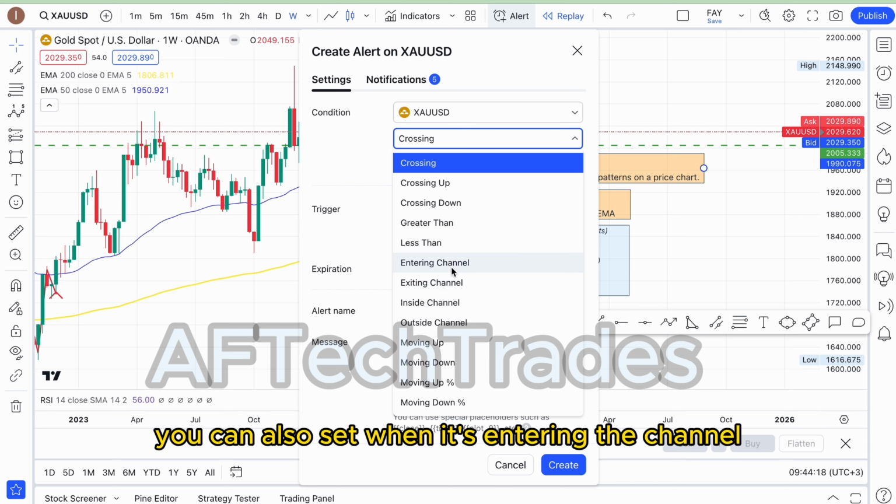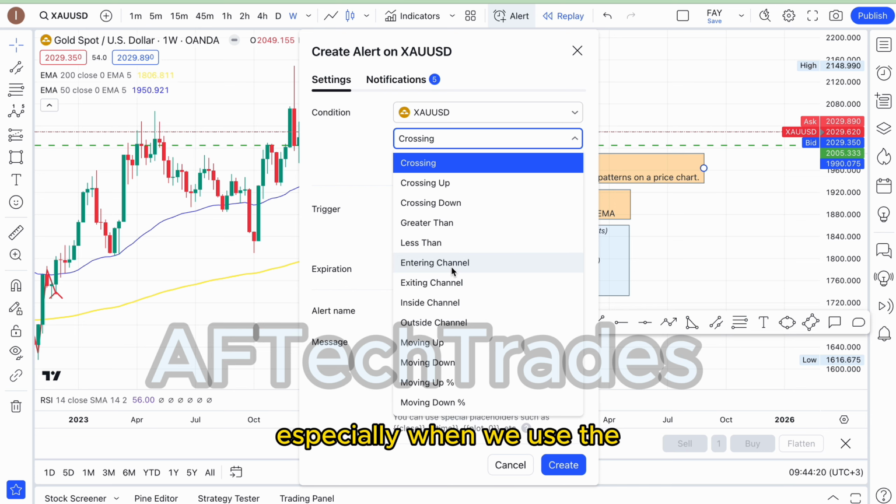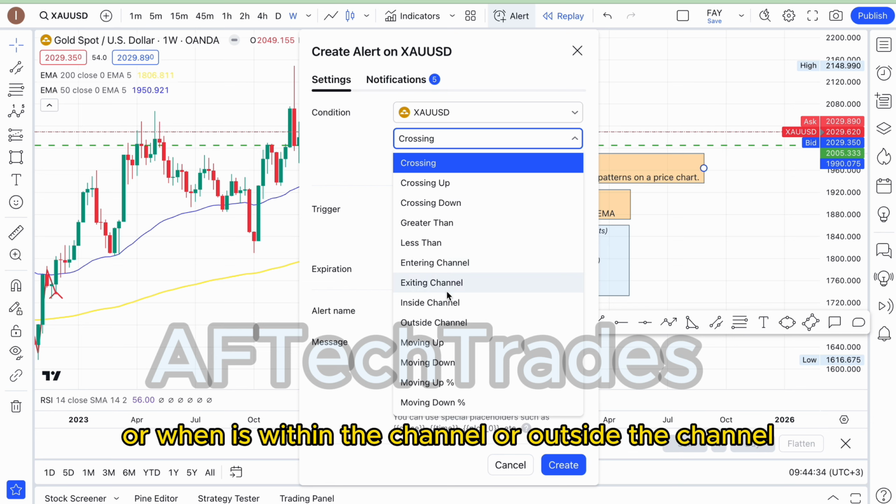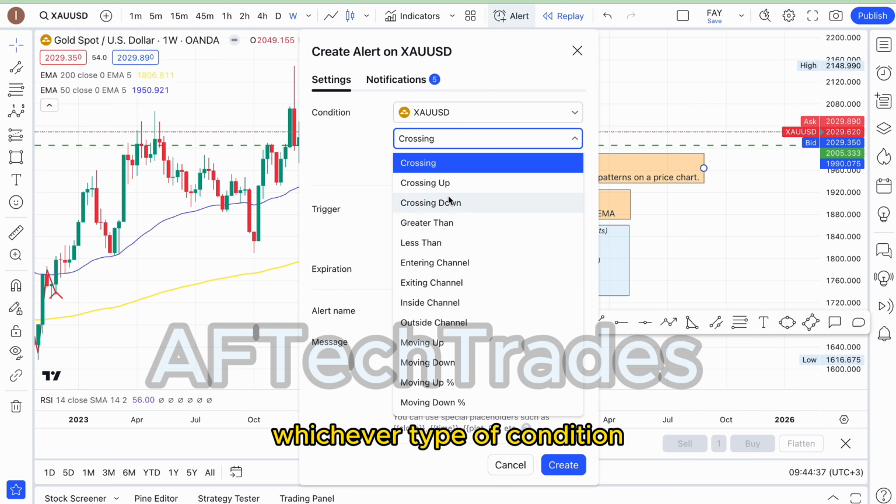You can also set when it's entering a channel, especially when we design the demand and supply zone. So we could say that, okay, when it's entering this channel, it should signal us, or when it's exiting the channel, or when it's within the channel or outside the channel, whichever type of condition you would want to set.